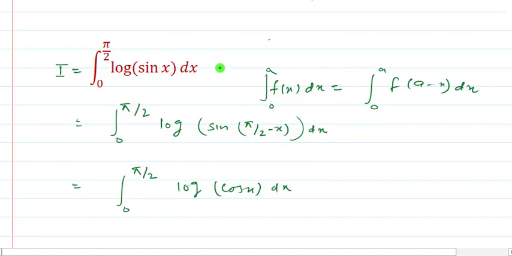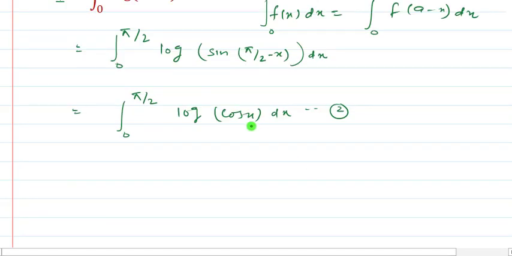If you remember, the next step is to add the first and second, the function we started with and the function we get after applying the a minus x property.